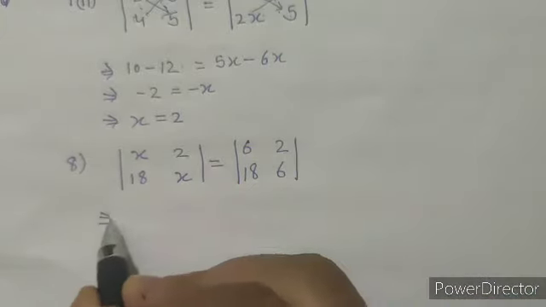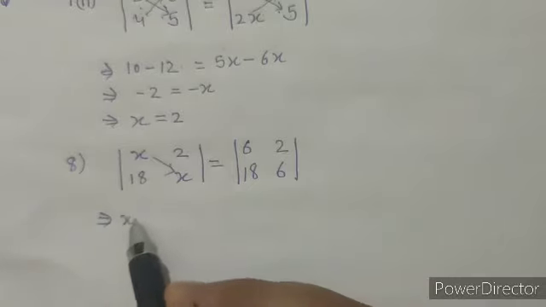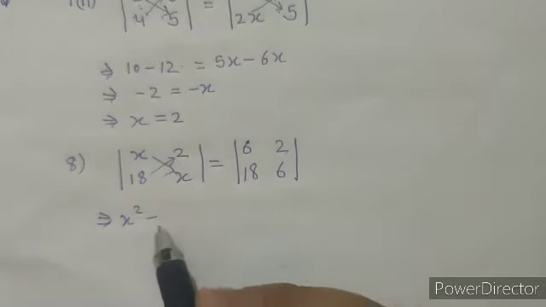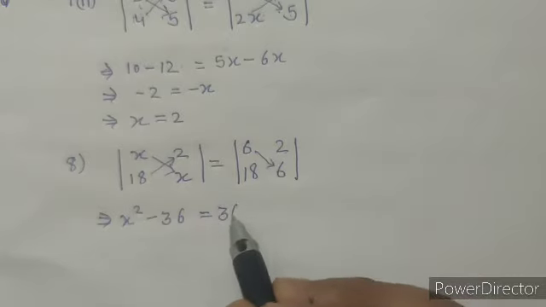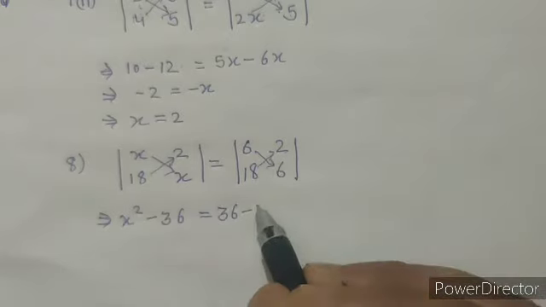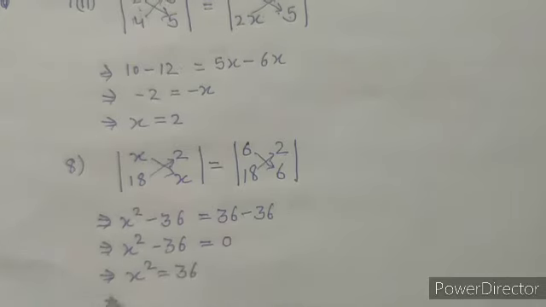Now the value of the determinant on the left hand side will be x square minus 36, and that is equal to 36 minus 36, and we can say this will be x square minus 36 equal to 0, and this implies that x square is equal to 36, and we can say the value of x is root 36, and that will be plus minus 6. Thank you.